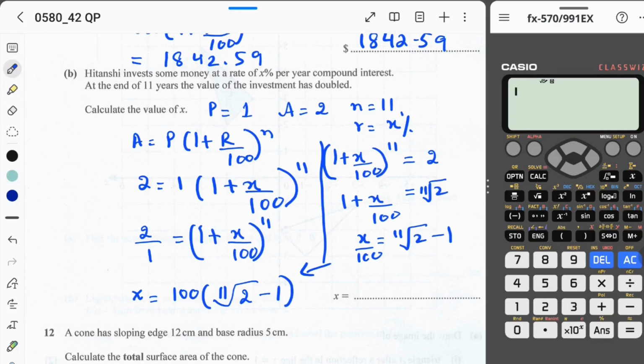How will we calculate this on the calculator? Just do 100 times, now shift and then the 11th root, write down 11 in the radical sign, write down 2 and then come out of it, then minus 1 and then bracket close, equal sign.